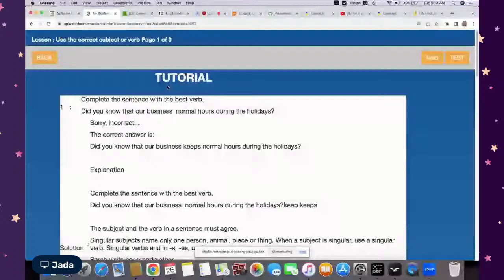Okay. So actually, Ufoma, keep is a verb. Keep could be a noun and it could be a verb. It just depends on the sentence that you're making.